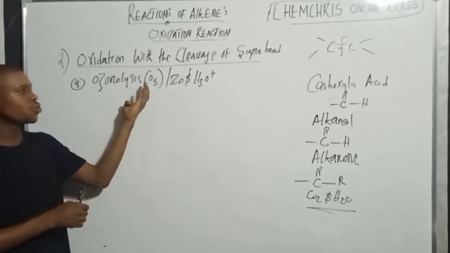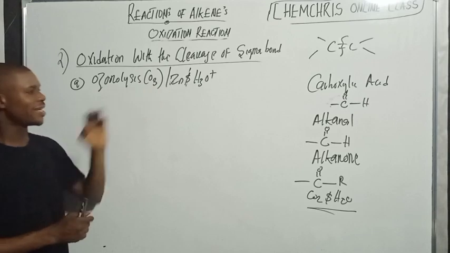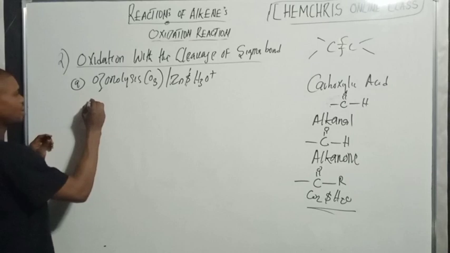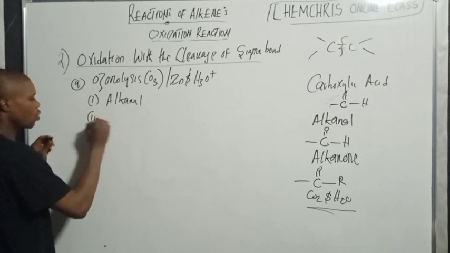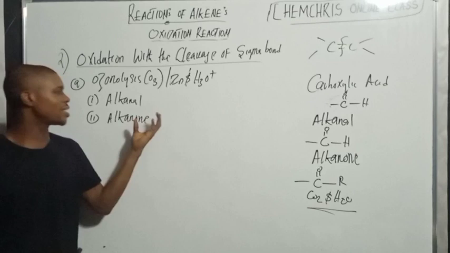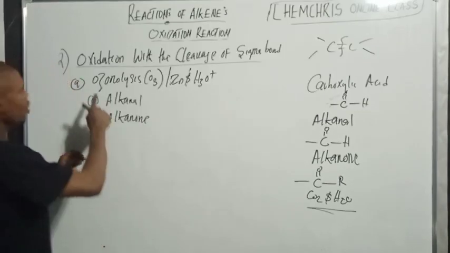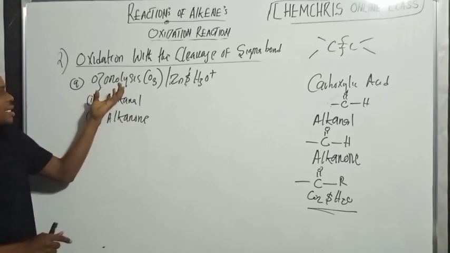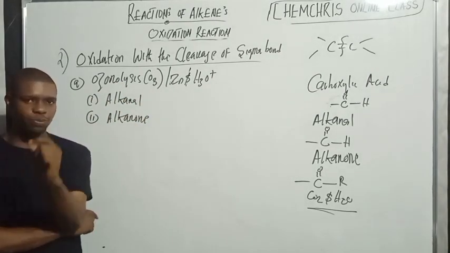And you don't only use ozone, you use zinc and a strong acid. You understand? So these are the conditions here. Now, the product you are going to get from this oxidation is an aldehyde or a ketone. So when you oxidize an alkene with ozone, you're going to get an aldehyde and a ketone. Those are the possible products.